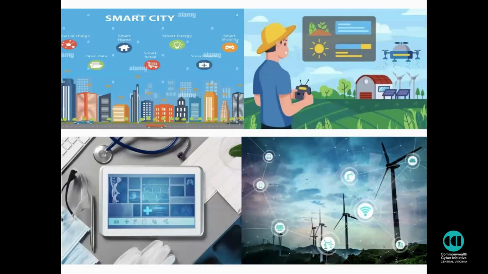So as we know, IoT devices have penetrated into various sections such as smart city, smart agriculture, healthcare, and energy. So these devices are wirelessly and well connected to form IoT systems for providing better services.